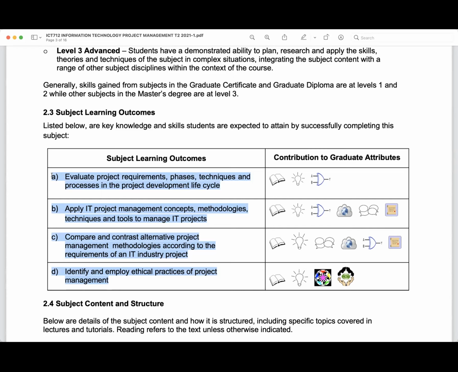So it's very important that you understand what the learning outcomes are, because I need to make sure I'm going to test you about them.